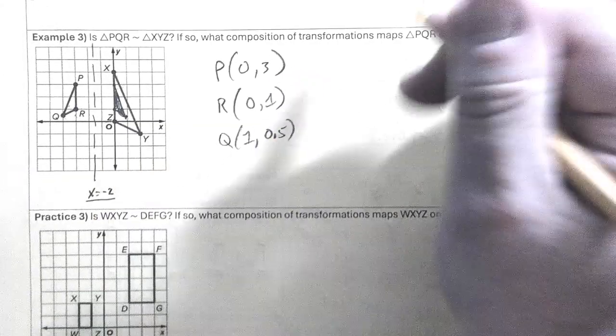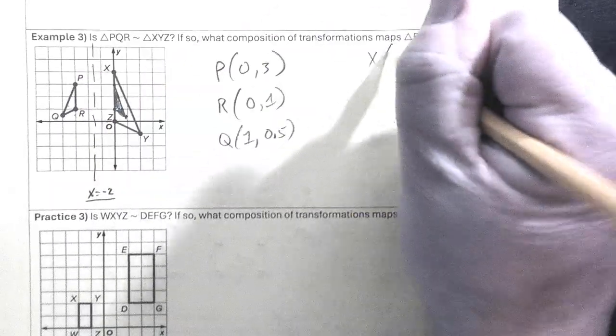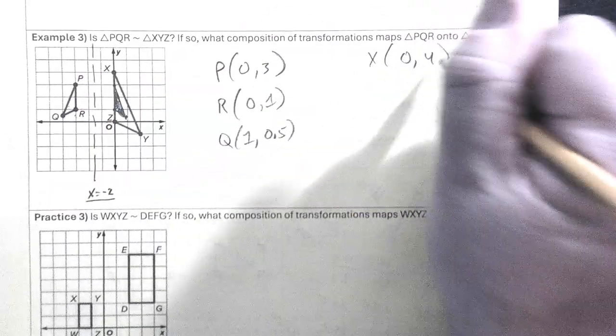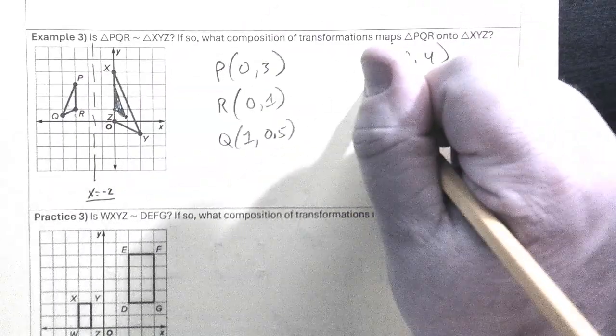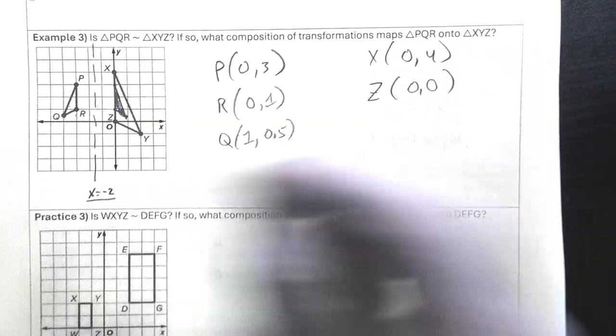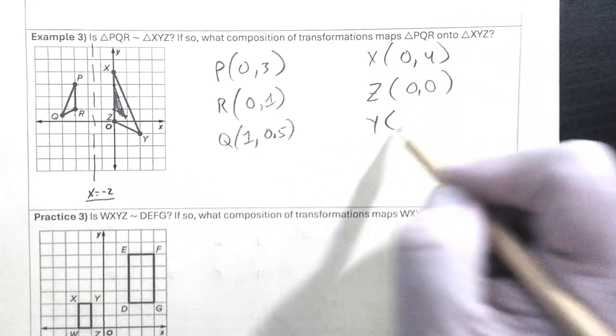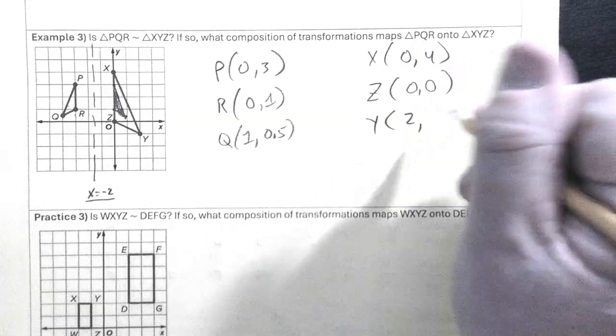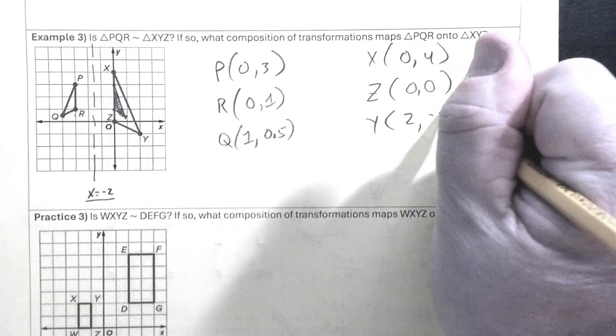See, we went over 1 and up about a half. So where these new points are at, 0 and 4, z is 0 and 0, and then y is positive 2, negative 1.